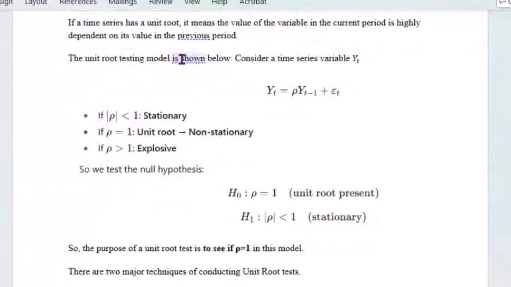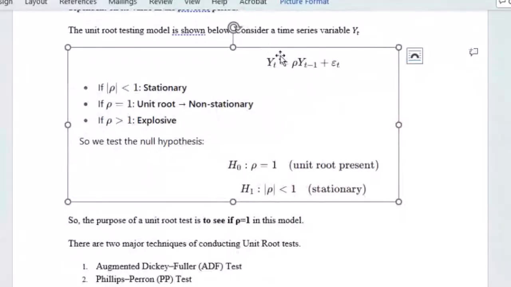So the unit root testing model is shown below. Consider the time series variable yt. Let us look at this model. We have yt is given by p yt minus 1.